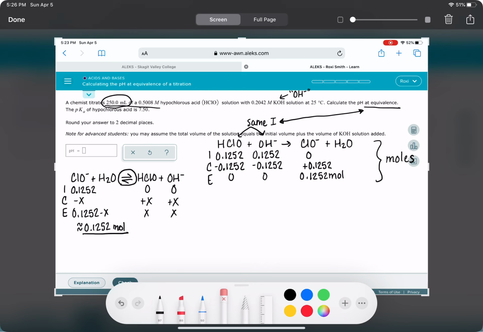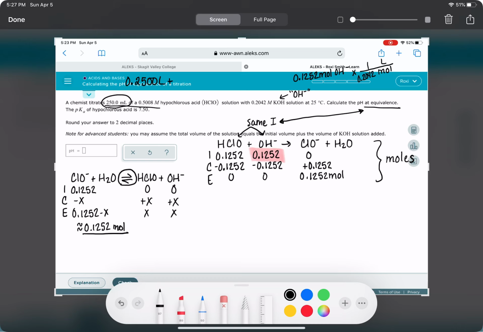I'm going to scoot this 0.25 liters over. The volume of the hydroxide, we know from the original ice table, we know we have 0.1252 moles of hydroxide. We're going to use molarity like a conversion factor. Moles per liter. The molarity is 0.2042 moles per liter.